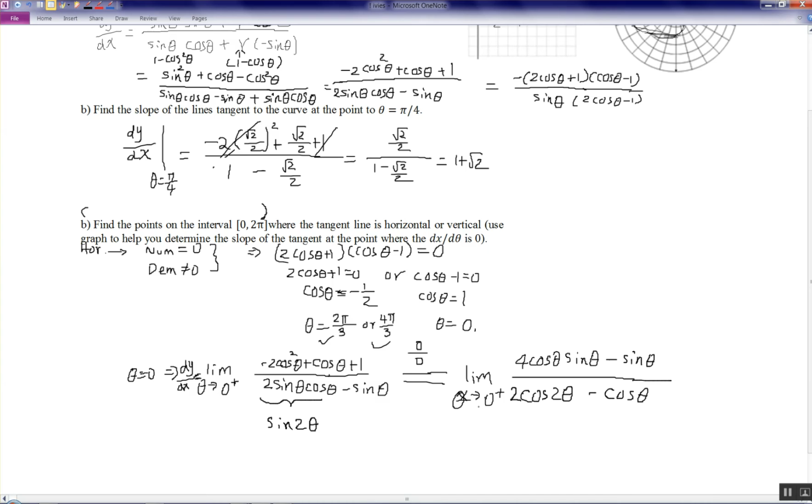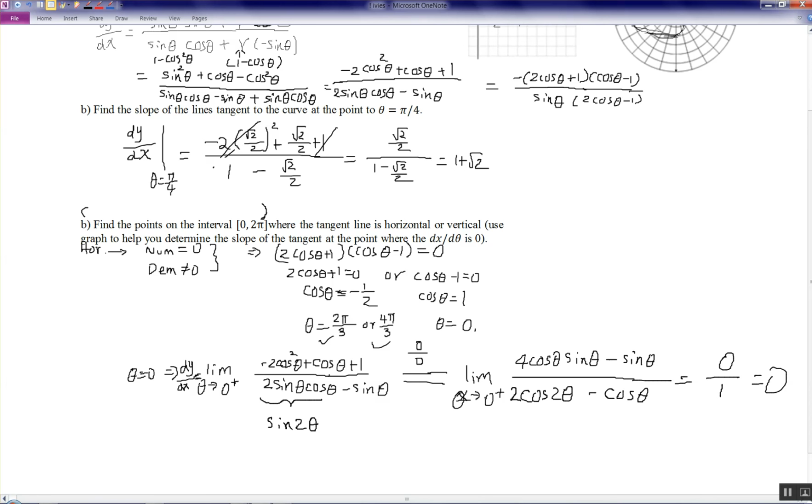Now, time to plug 0 into theta, right? Because sine 0 is 0, and on the bottom cosine 0 is 1, and cosine 0 is 1. Now, if you do a little mental math, it will be 0 over 2 minus 1 on the bottom, which is 1, which is 0.